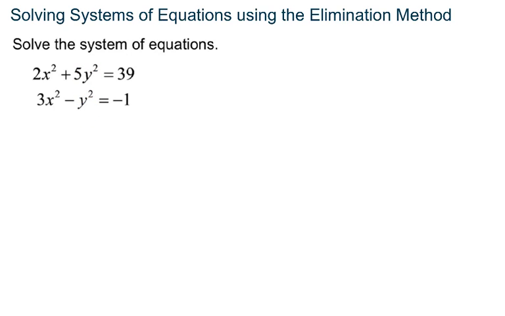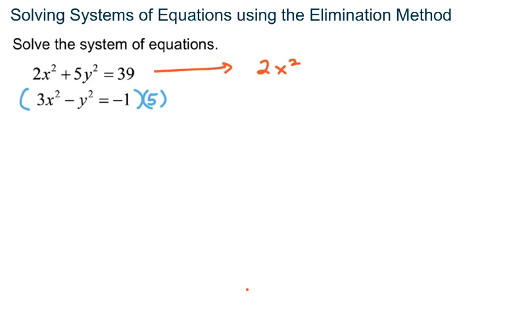Now, there are infinite correct choices when we're using the elimination method. It's just that you, as the student, want to choose the path of least resistance. So if I take this bottom equation and I choose to multiply it by +5, what will that give me? Well, let me rewrite my top equation.